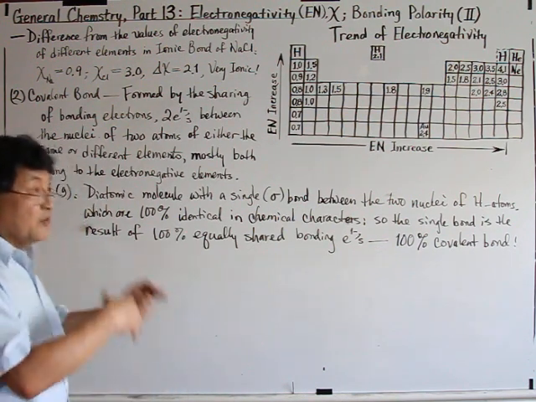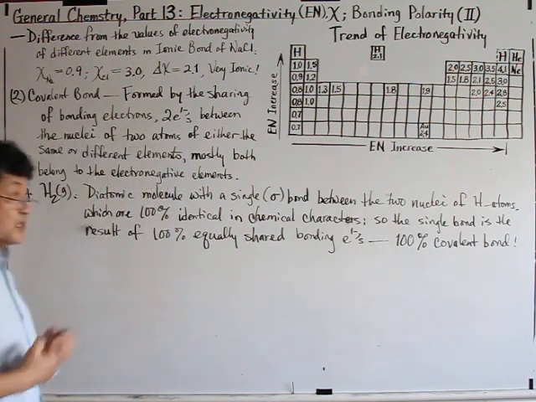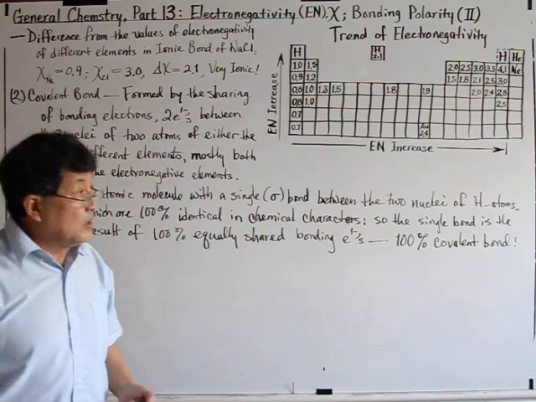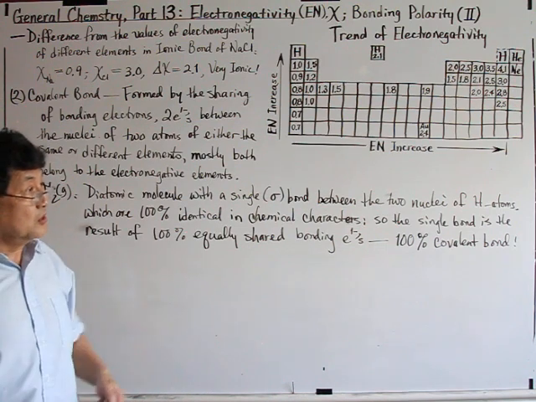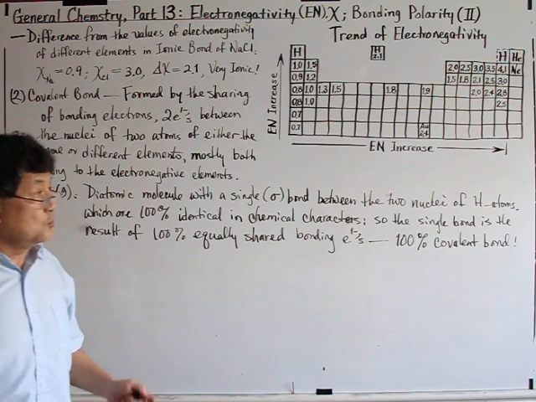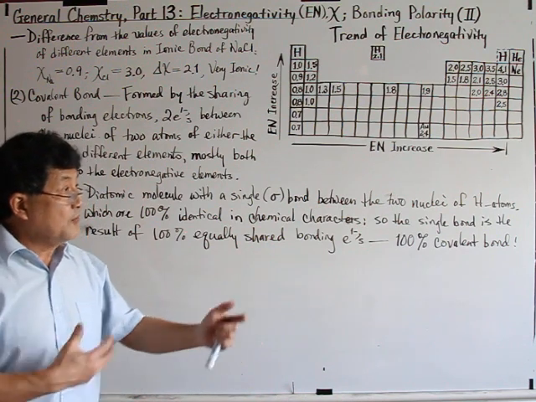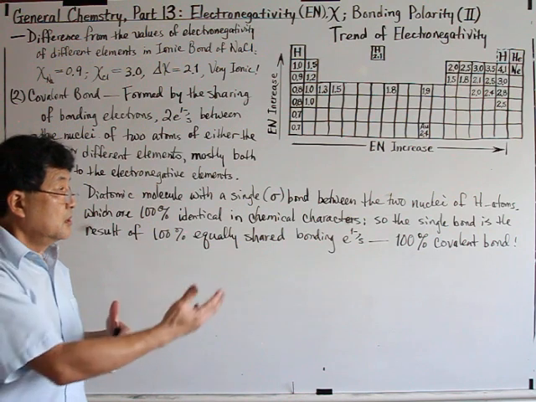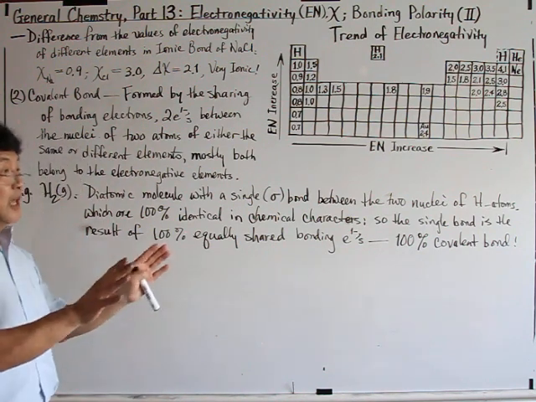None of them is stronger than the other to pull the bonding electron towards itself. So they have a tug of war between these two nuclei. One says, I want those two bonding electrons close to me. The other says, no way, I'm as strong as you and I'll pull back. Finally the battle stopped.